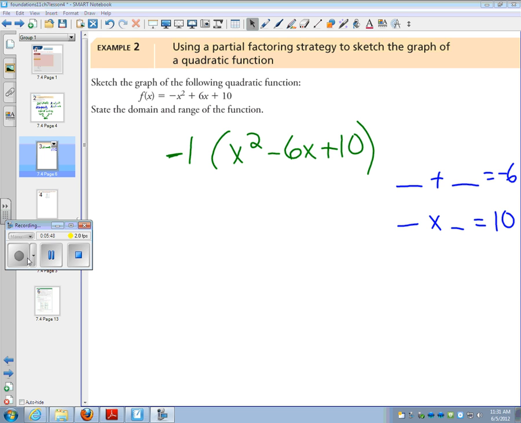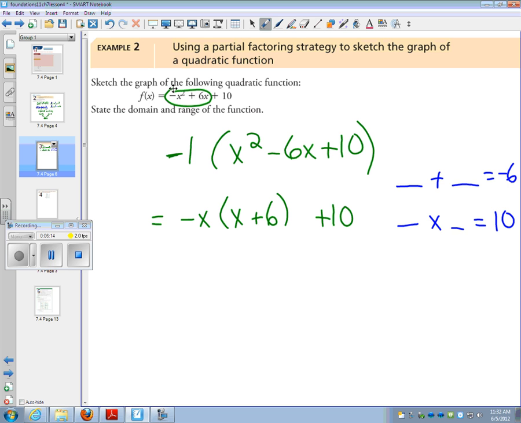So we're going to use something called partial factoring to sketch this graph. What we're going to do is partial factor what we can. If you notice these two terms, they have something in common, and you could factor out a -x. We could go -x, we're left with x plus 6, and then we have plus 10.